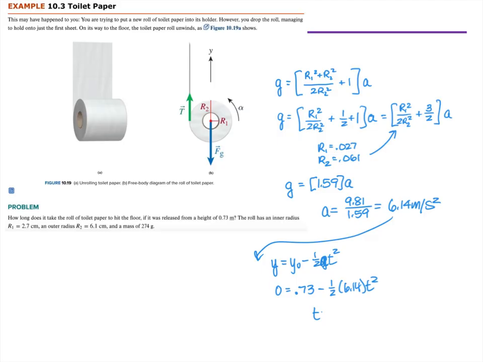Our t now is 0.488 seconds. Our original time was 0.386 seconds. And it's just kind of interesting to see that the time it takes to fall is slower because of the fact that it's unrolling as it's falling.